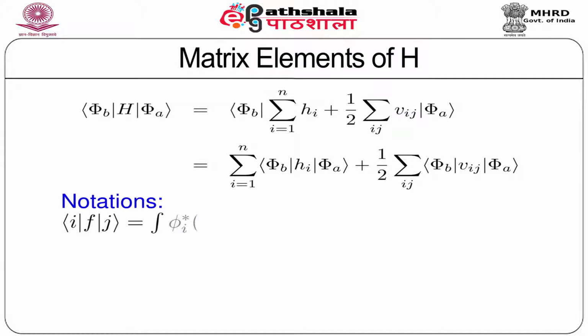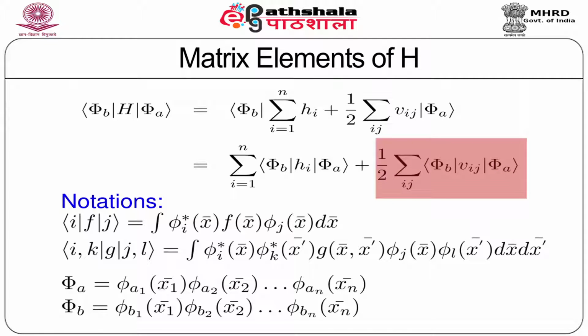In the following, we'll use the bracket notation, shown on the left-hand side, because it's more convenient than the detailed wave function notation shown on the right-hand side.